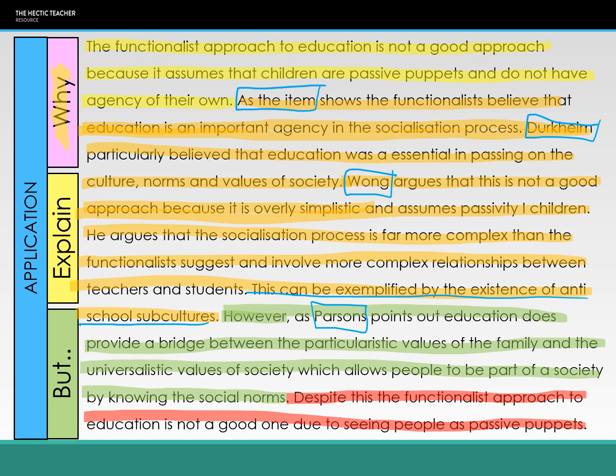You need something, but don't force it where it doesn't fit. This is a good paragraph because I've got all five elements of a good paragraph. My sociological knowledge is explicit and clear, and my line of argument is absolutely clear.